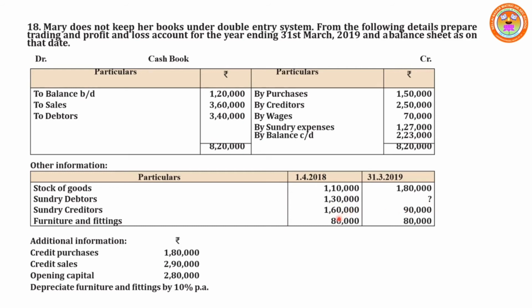Then total creditors: both opening and closing values are given. Furniture and fittings: opening and closing values. Additional information: credit purchases given, credit sales given, opening capital also given. Depreciate furniture and fittings by 10% per annum. So with the help of these details, how do we prepare final accounts?